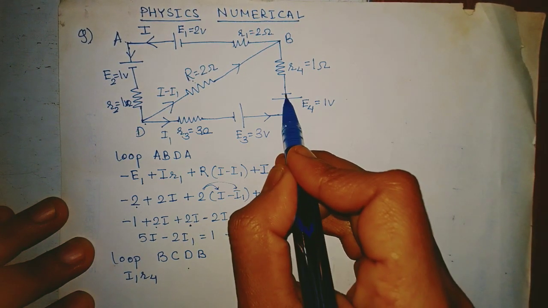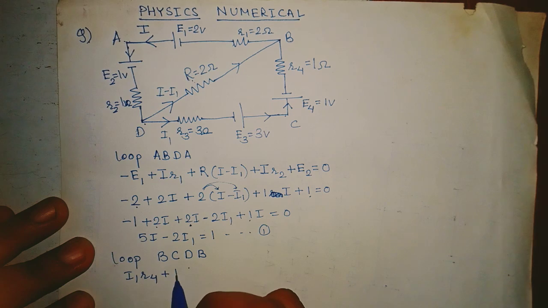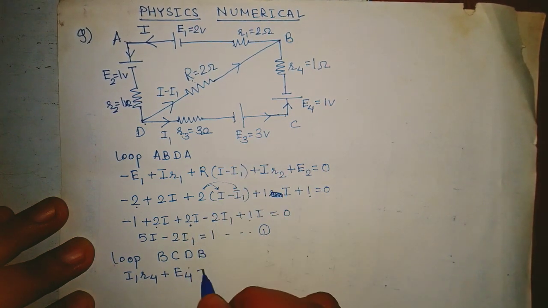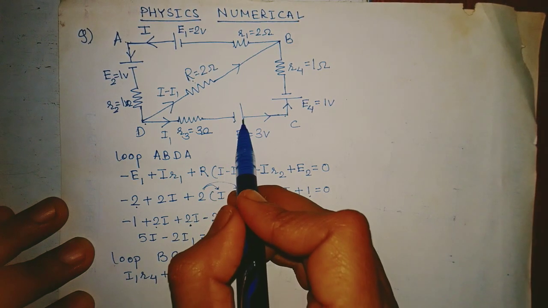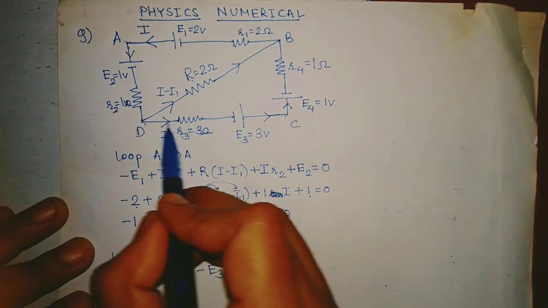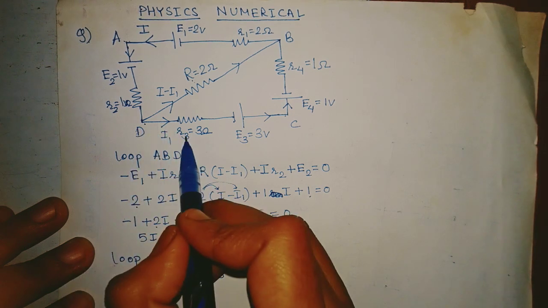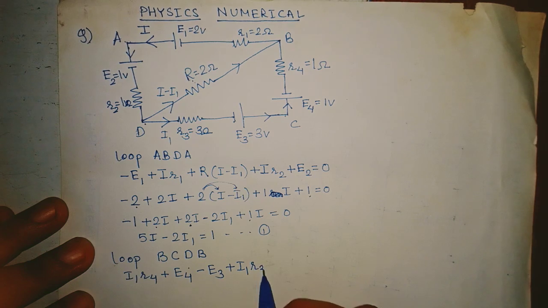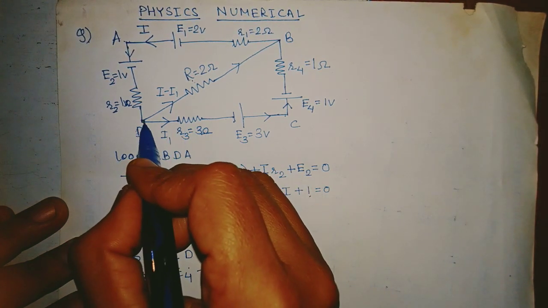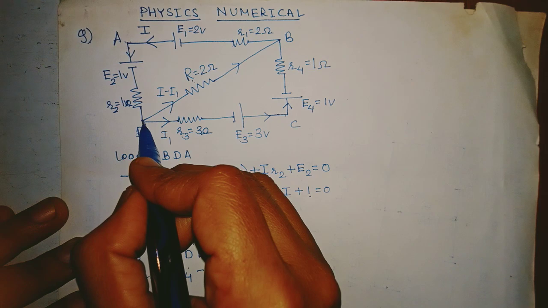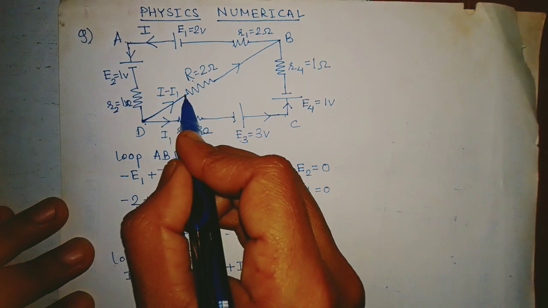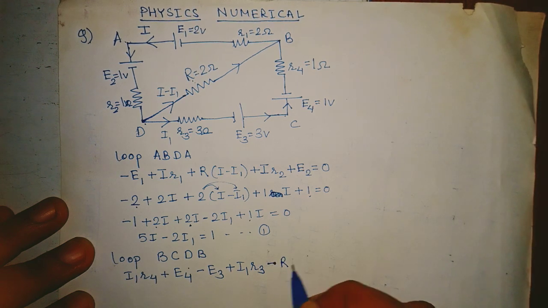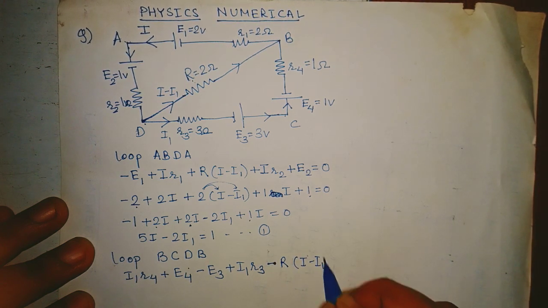Then this E4 will be negative to positive, positive E4. Again E3, positive to negative, negative E3. Then we are moving against the direction of the current, so I1 R3 positive. Then we are moving in the direction of the current, so we have to take negative R into I minus I1.